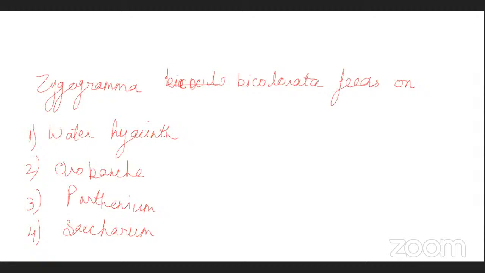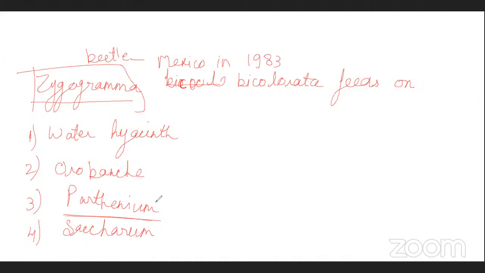Okay, parthenium is the correct option. Jhansi Rani, option 3 is the correct answer. Yeah, because Zygogramma usually feeds on parthenium, and this Zygogramma is a beetle that came from Mexico in the year 1983 to control parthenium.